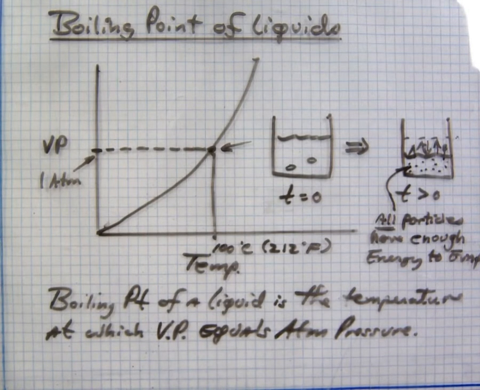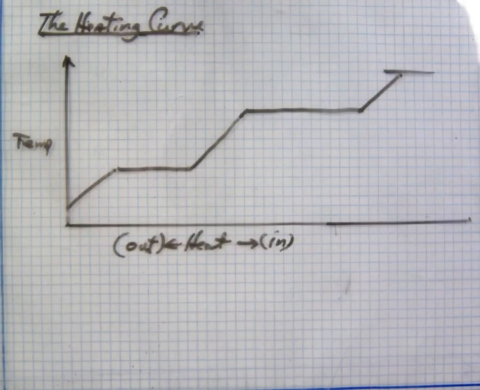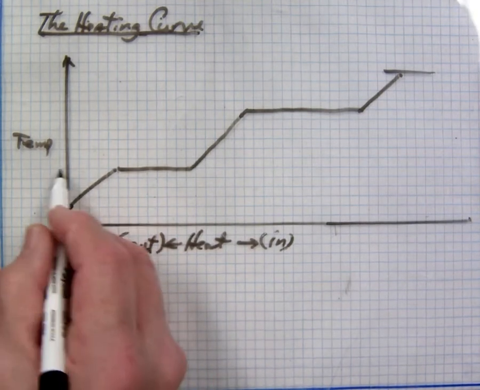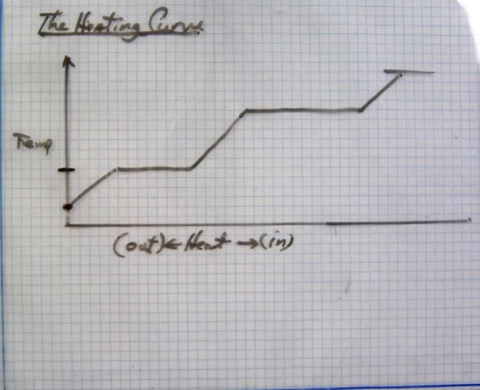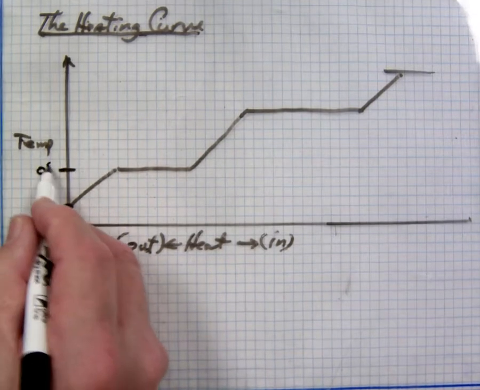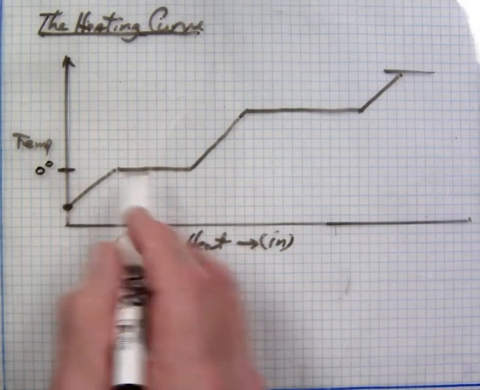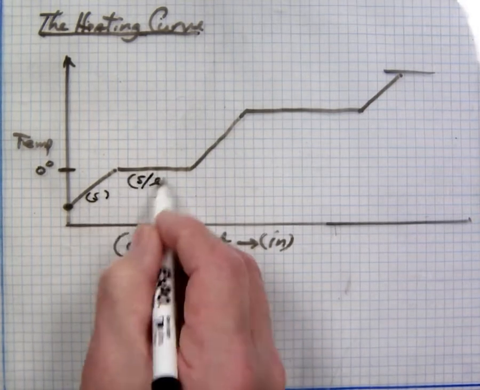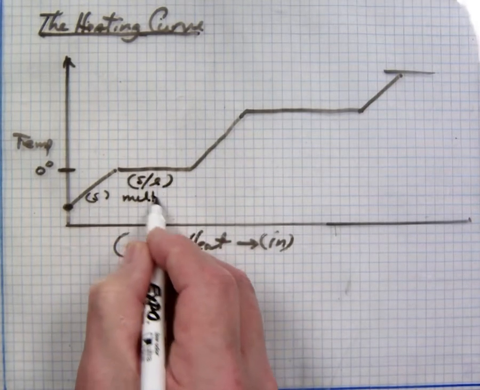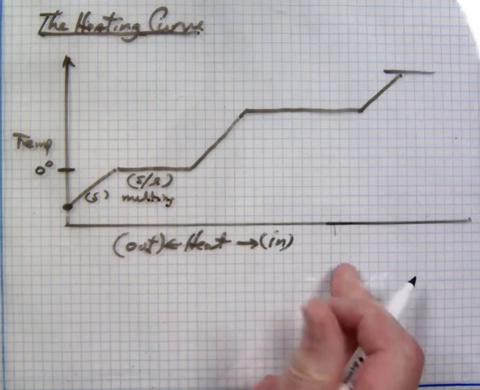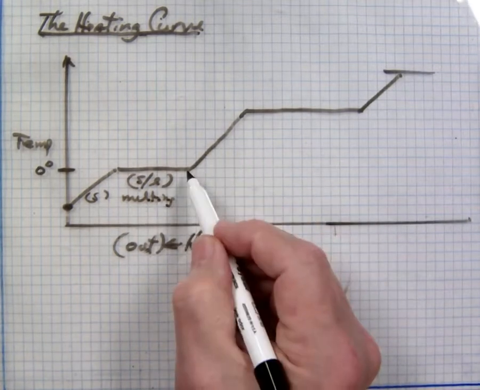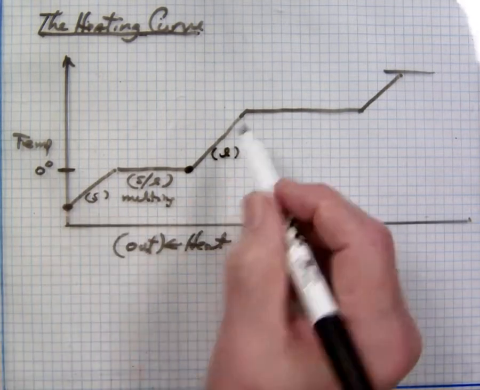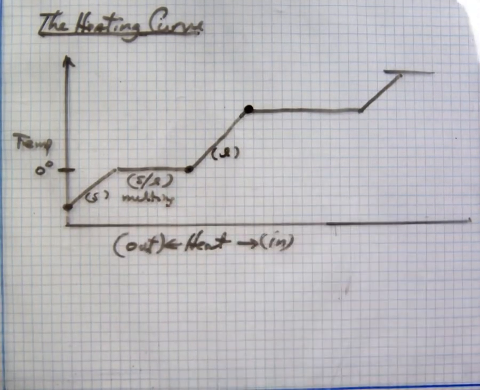Now, from here, this is what we've seen before. If we were taking a block of ice, it would have to be heated first of all to its melting point right here, and then you'd have two phases in contact, solid liquid melting, if we're going left to right. Once all of the sample is melted, we will increase it to the boiling point, and this is another phase change.